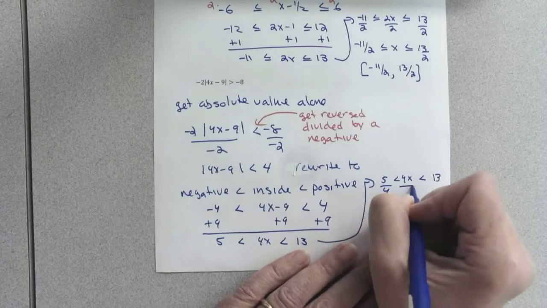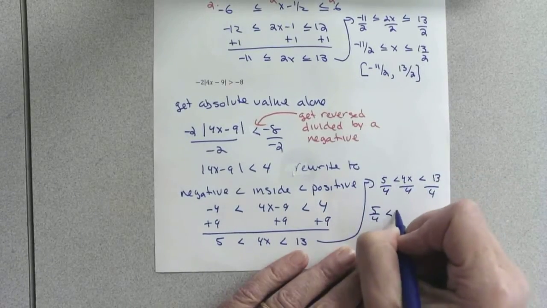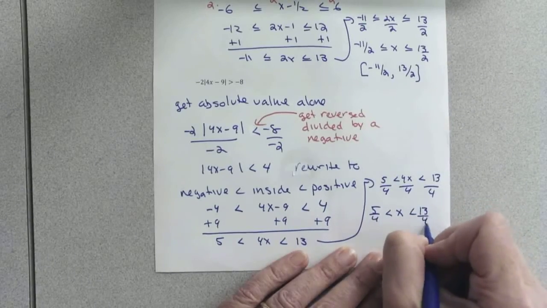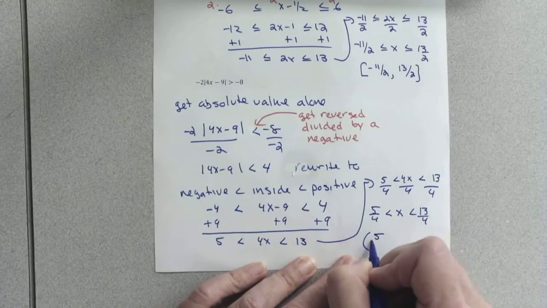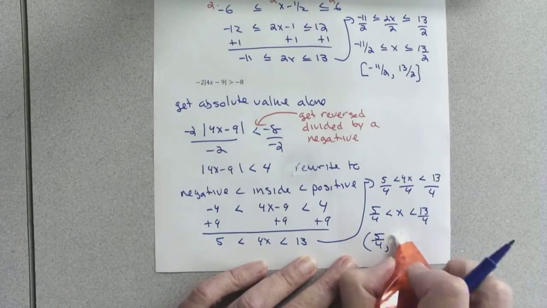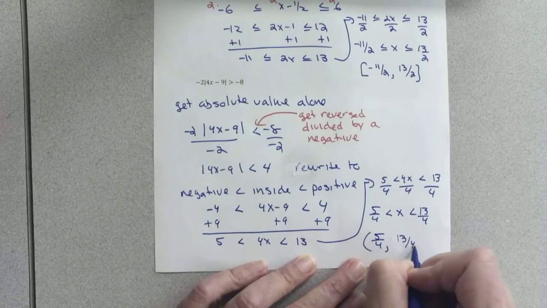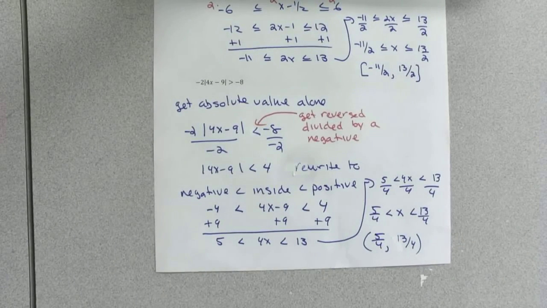I would divide everybody by 4. And so I get 5/4 is less than x less than 13/4. And interval-wise, 5/4 to 13/4, both with parentheses. And there are my absolute value less than.